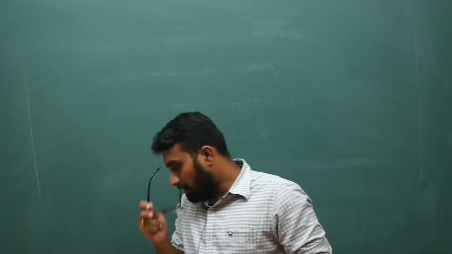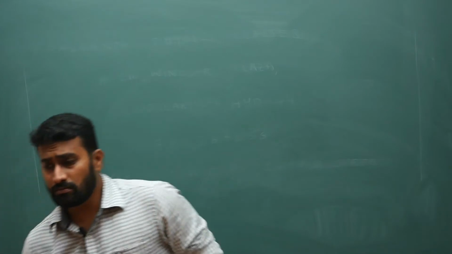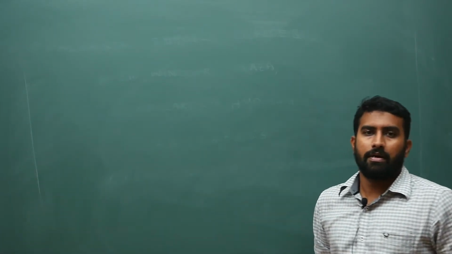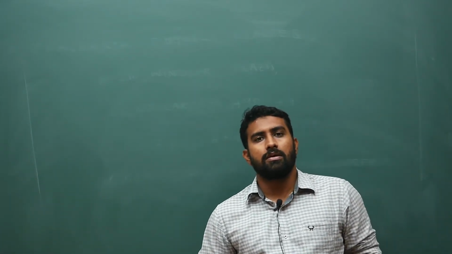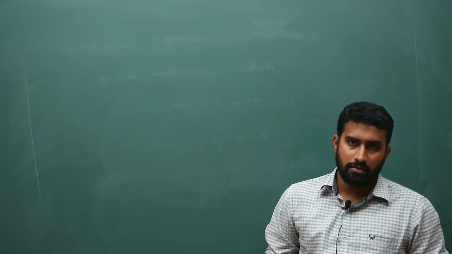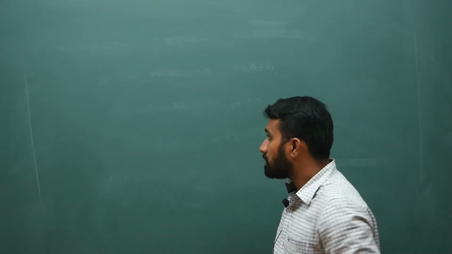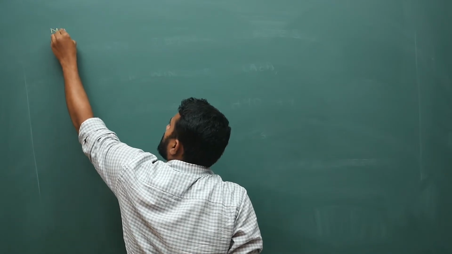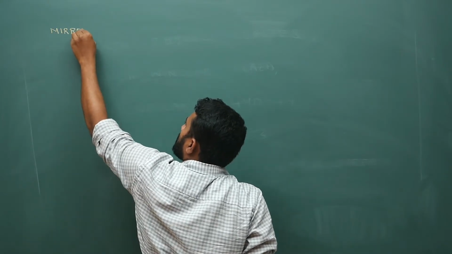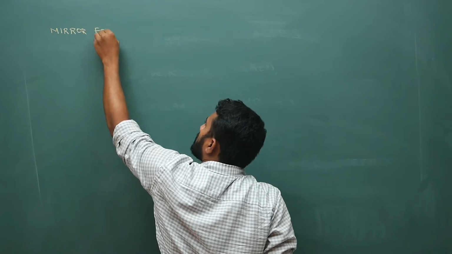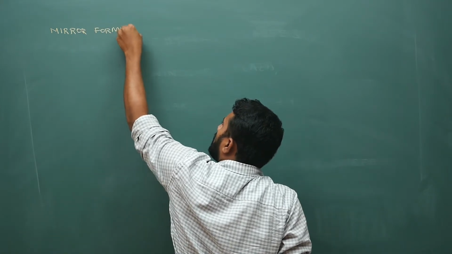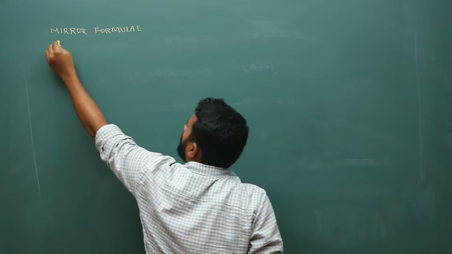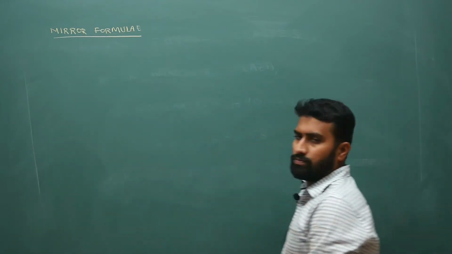The first and most important part, which you will be using again and again, is the mirror formula. What it is and what each term represents, I will tell you.